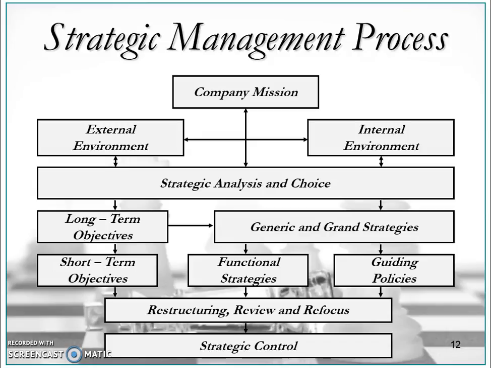And in order to formulate the company's mission, the organization is also supposed to look at the external and internal environment factors. So these three aspects, which are the external environment, internal environment, and the company's mission and philosophy, go hand in hand, and they keep on interacting with each other so as to arrive at the final strategic analysis aspect, where the company usually discusses or considers the corporate level and business level strategies based on the environmental conditions.